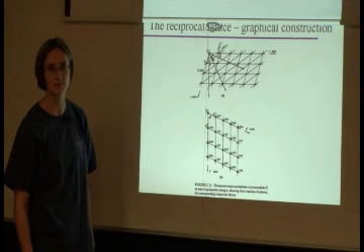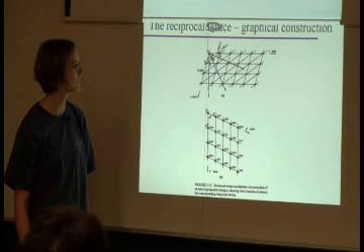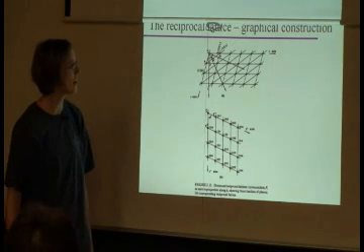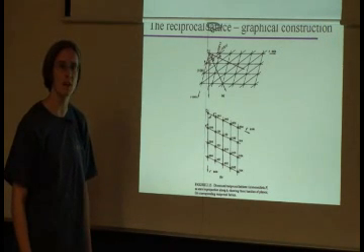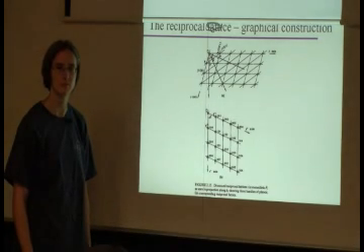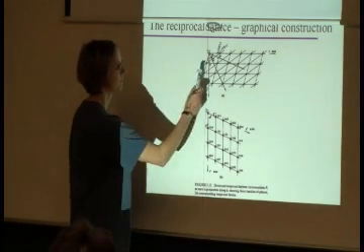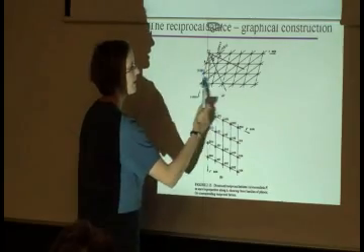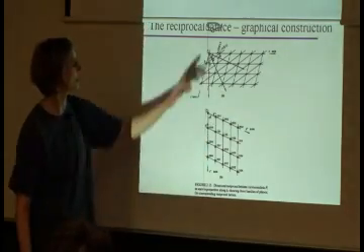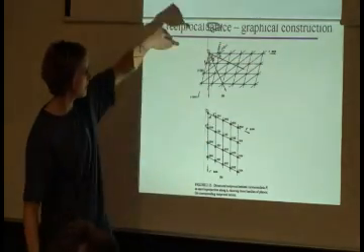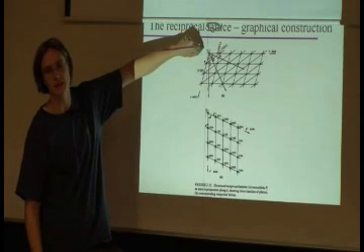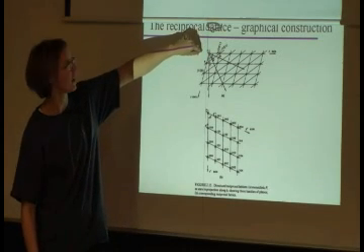So, where's my 100 family of planes? It's these lines, right? They are parallel. Oh, actually it's not B, it's the C axis. They didn't draw the B axis, that one would be perpendicular to the board, okay?